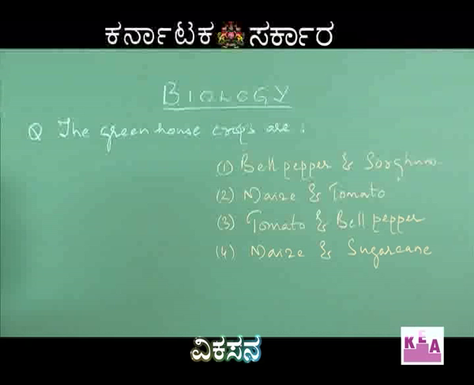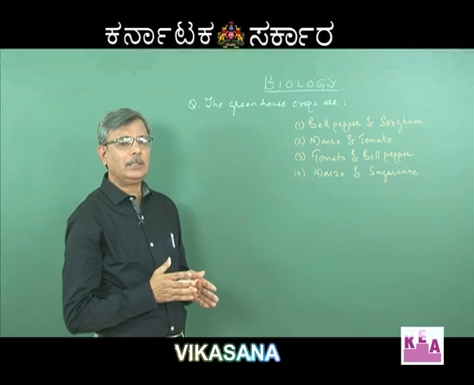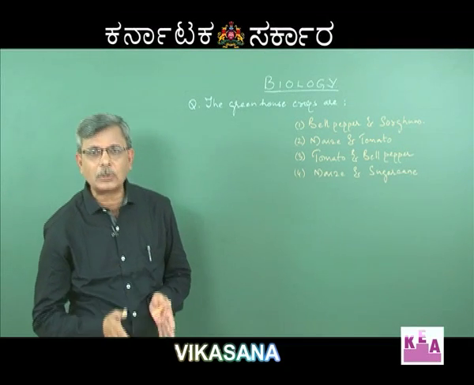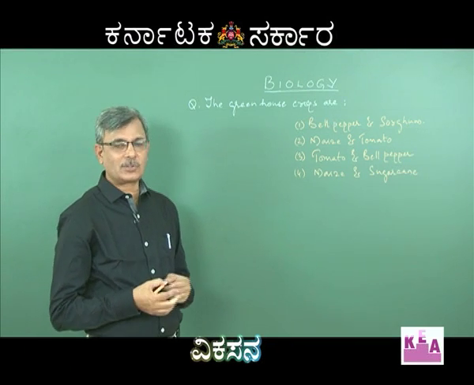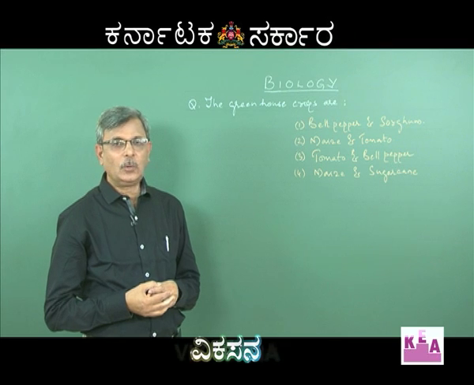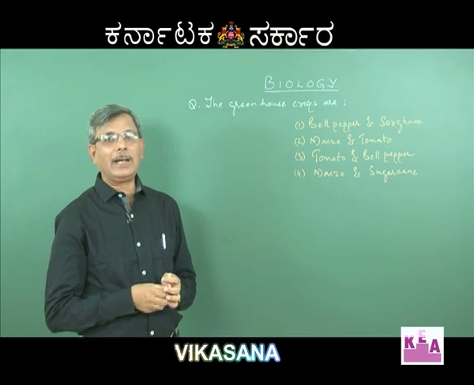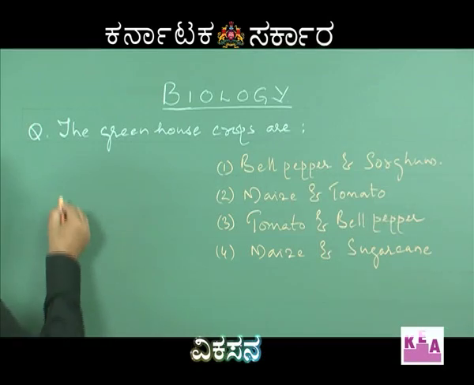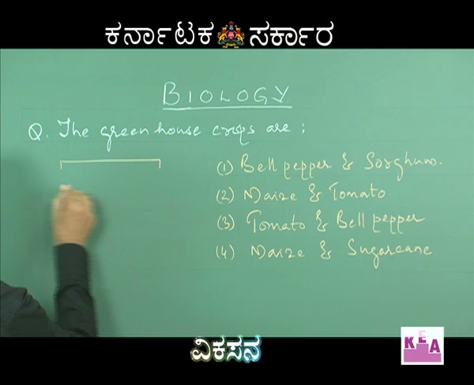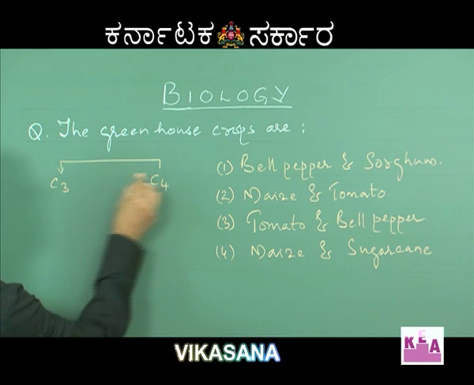So dear students, when you have to answer this, you remember what you have studied in plant physiology related to respiration and photosynthesis. When you talk about carbon dioxide fixation by plants, in the photosynthesis topic you have studied that there are C3 plants and C4 plants.